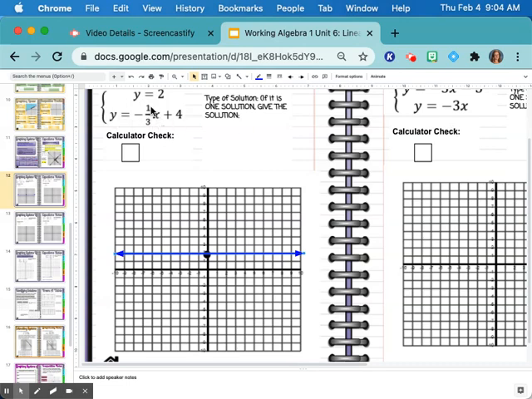The next one is y equals 1/3 x plus 4. You should be graphing this. So our y-intercept is at +4. I'm going to grab a point, +4. I'm going to copy and paste that same point. And then we're going to go down 1/3. Down 1, 2, 3.